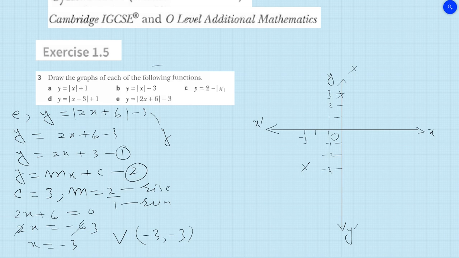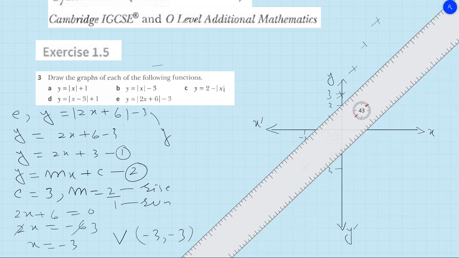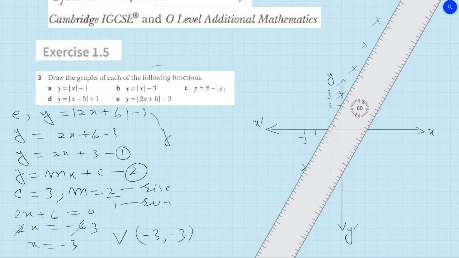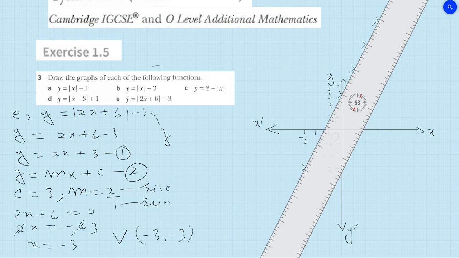Then rise 2, run 1, again and again. So I'm going to join these points. This is our straight line.